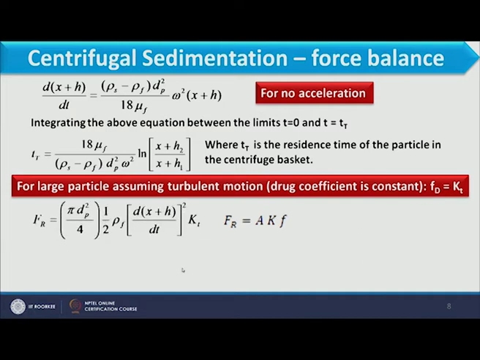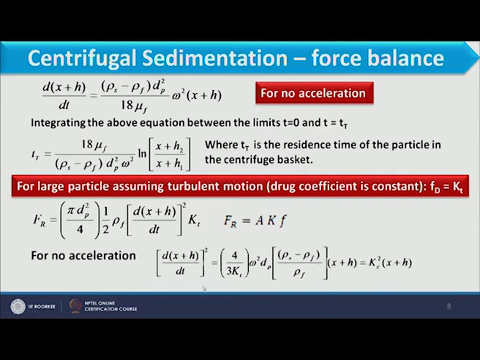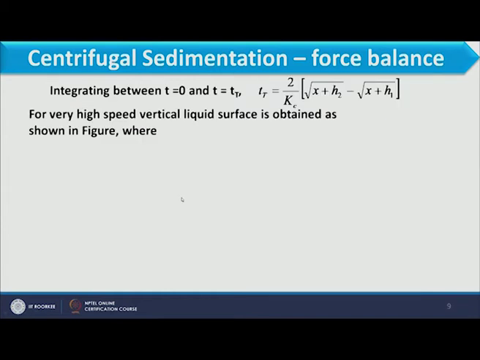So putting this Fr we can get this. Again for the no acceleration condition we can find this expression where the whole expression is converted into Kc square. So again while integrating we can get the residence time of the particle in this form.